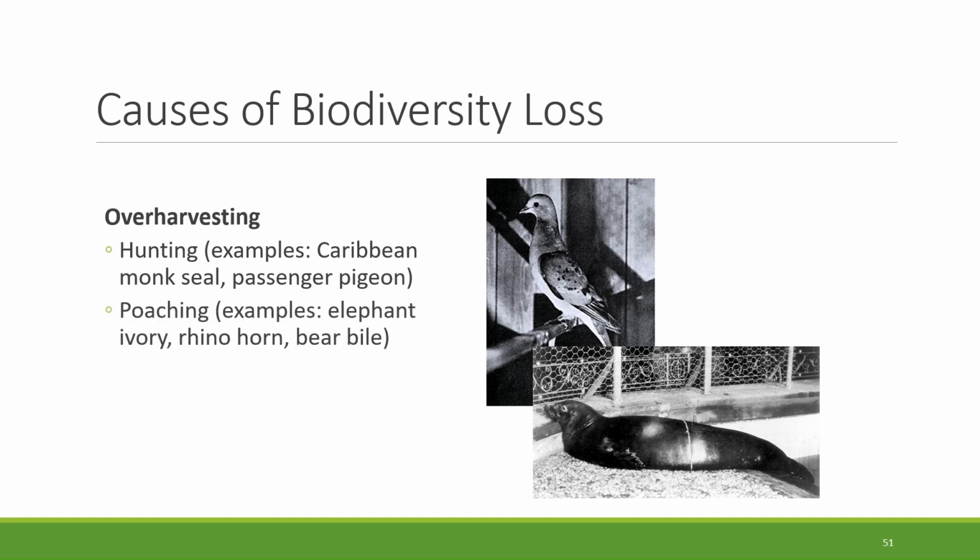Poaching is essentially illegal hunting, and some examples of species that are being threatened by poaching are elephants for their ivory, rhinos for their horn, and Asiatic black bears for the bile in its gallbladder. Ivory is a luxury good, and bear bile and rhino horn are both used in traditional medicine, although I should add that there is no evidence whatsoever that powdered rhino horn has any medical benefit at all.